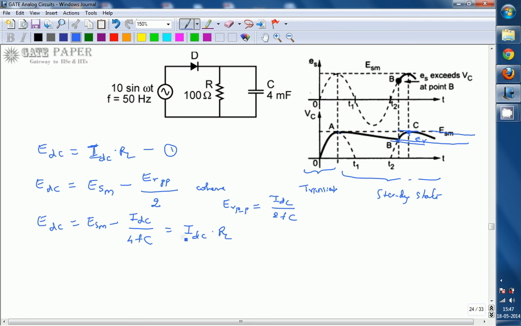So from this, take the IDC terms to one side. You will get IDC times RL plus 1 by 4FC is equal to ESM, so IDC is equal to ESM divided by RL plus 1 by 4FC.